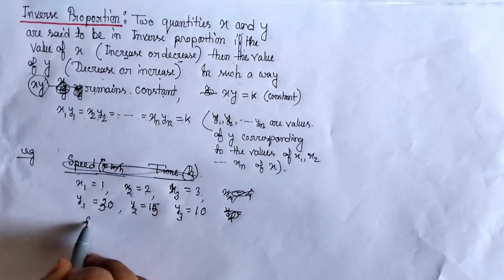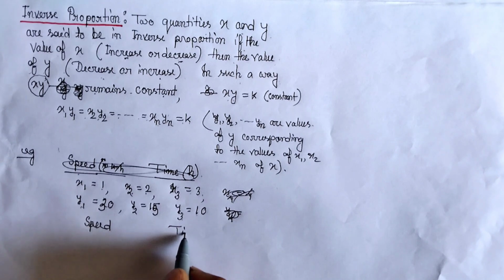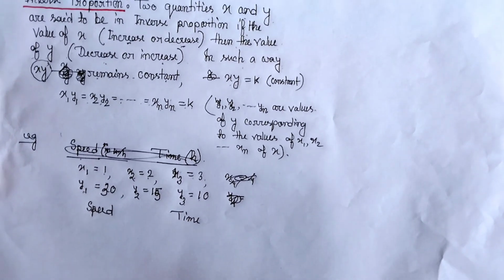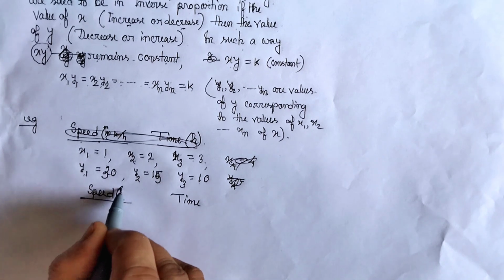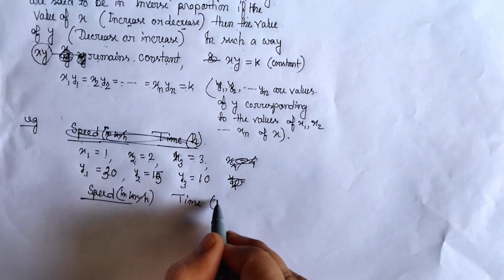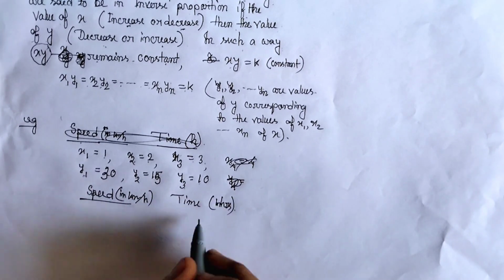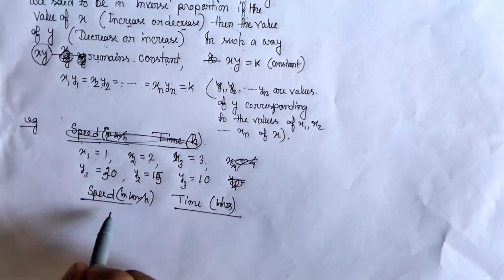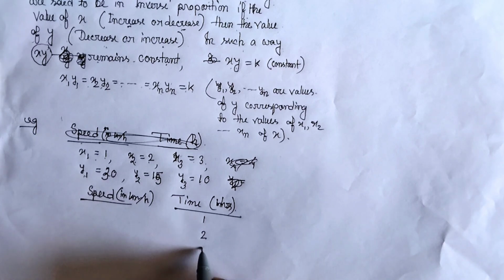So, speed and time. More speed, less time. So speed, suppose, in kilometers per hour and time in hours. So here time is 1, 2 and 3.